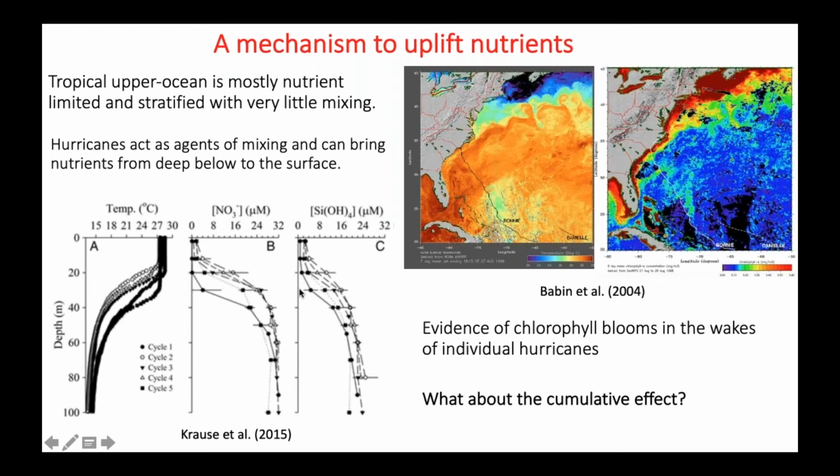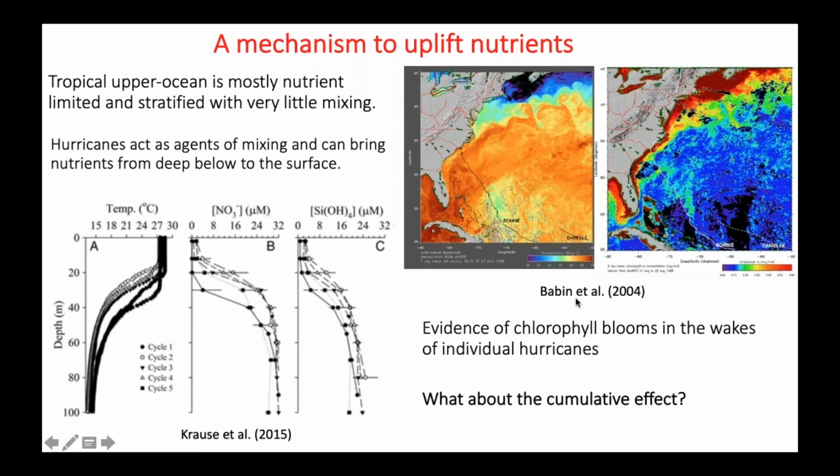In these situations, hurricanes can act as agents of mixing that can mix down to hundreds of meters below the surface and bring nutrients to the surface. And once these nutrients are brought to the euphotic waters, then photosynthesis can occur and you can actually see chlorophyll blooms.